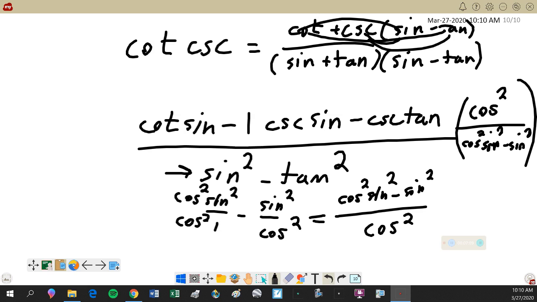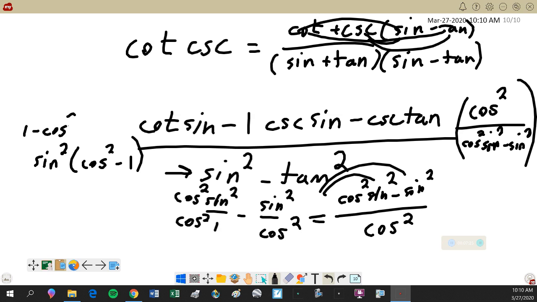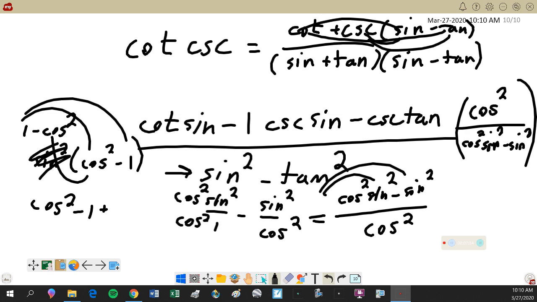Let me check something. If I pulled a sine squared out of this, I would get sine squared times cosine squared minus 1. But sine squared is 1 minus cosine squared. So that would be cosine squared minus 1 plus cosine to the 4th minus cosine squared.